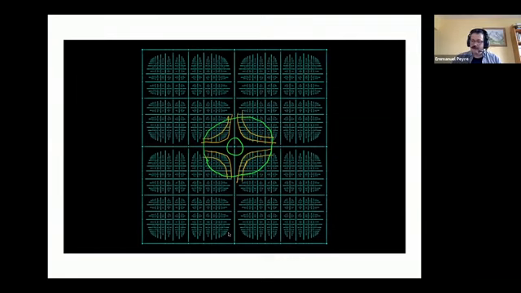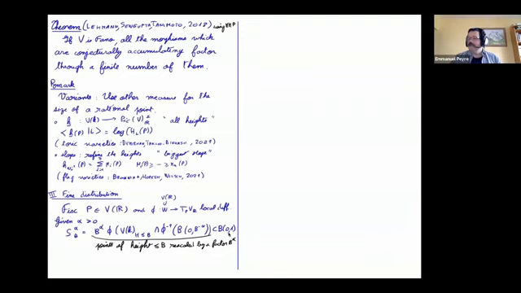The idea behind that is that you will get critical values of alpha for which the distribution of the rational points changes completely.